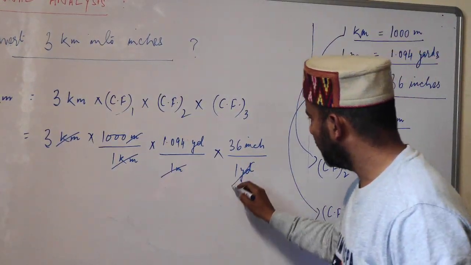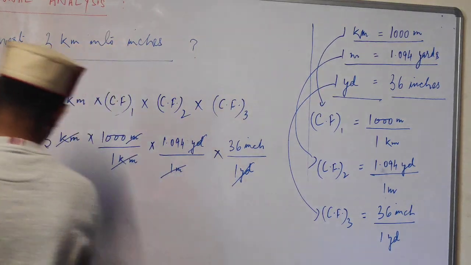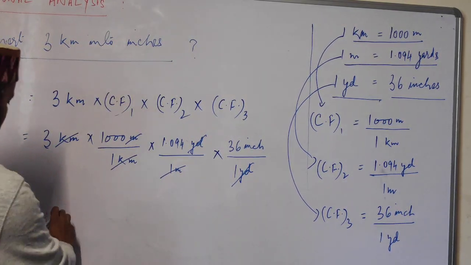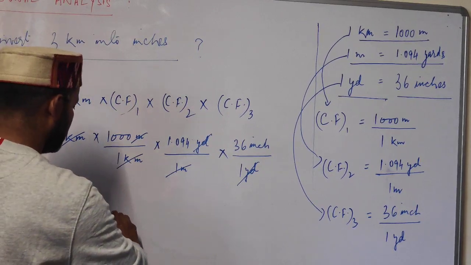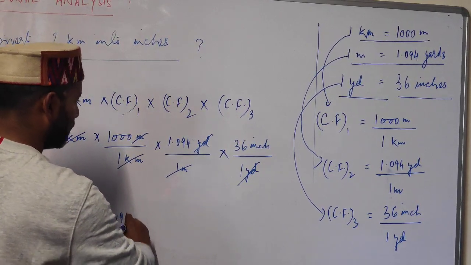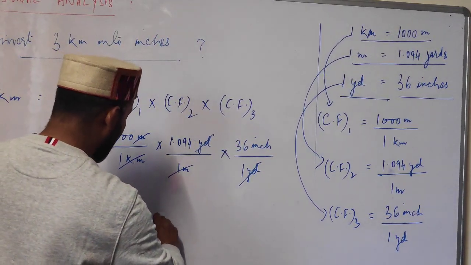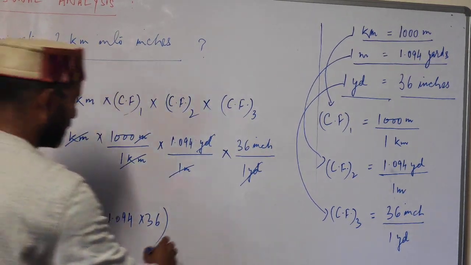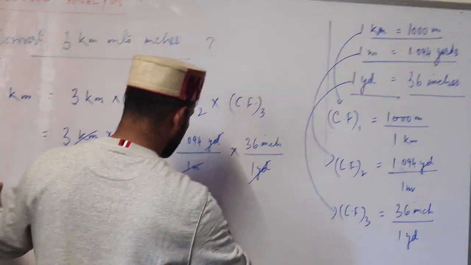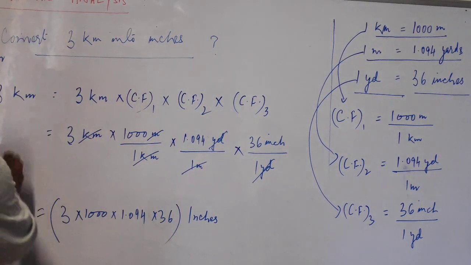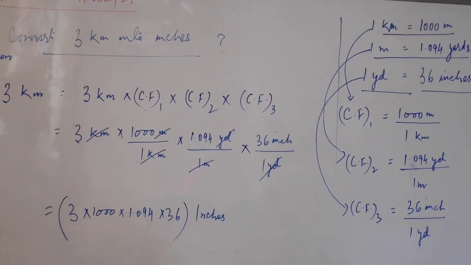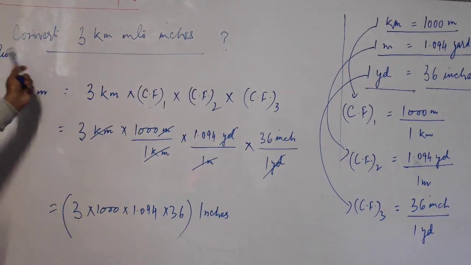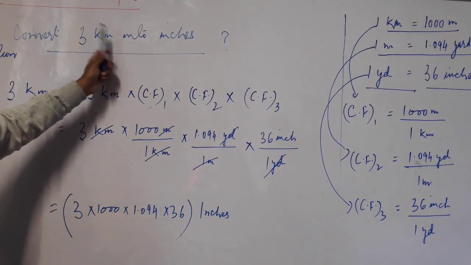Now yard and yard cancel out. So finally see now students, we have 3 into 1000 into 1.094 into 36, and now see our answer is in what? Inches.